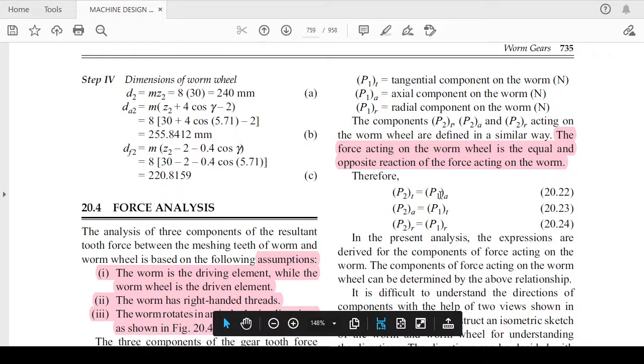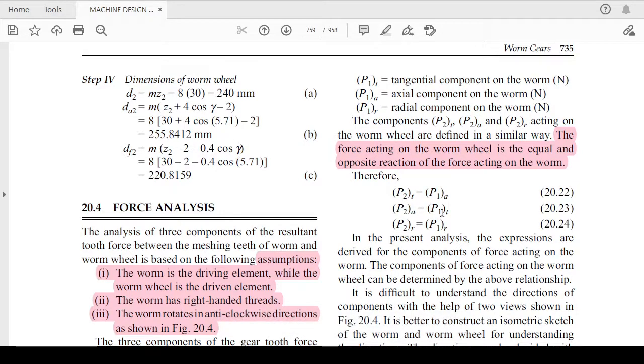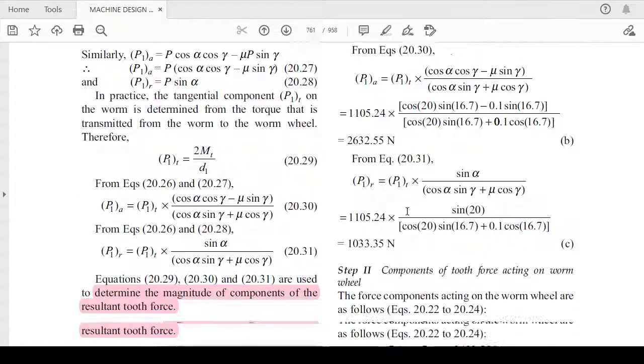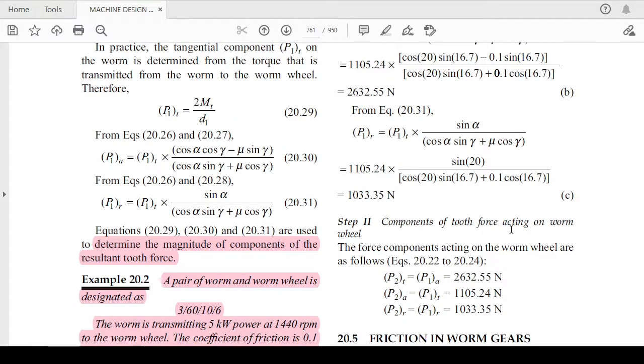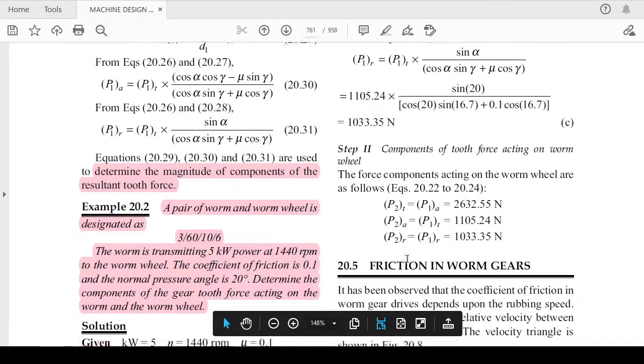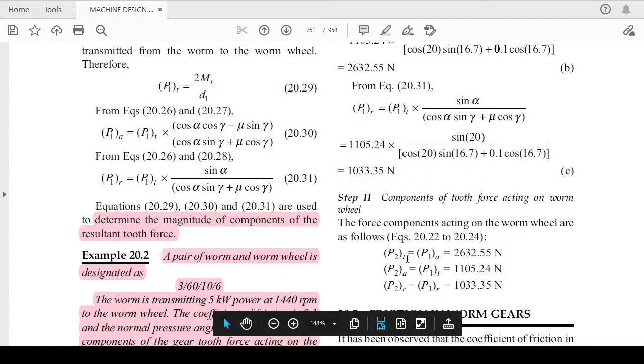P2t is equal to P1a, P2a is equal to P1t, and P2r, the radial load acting on the worm wheel, is equal to the radial load acting on the worm, while axial and tangential forces are reversed or exchanged. Similarly you can write down these values as the components of tooth forces acting on the worm wheel.